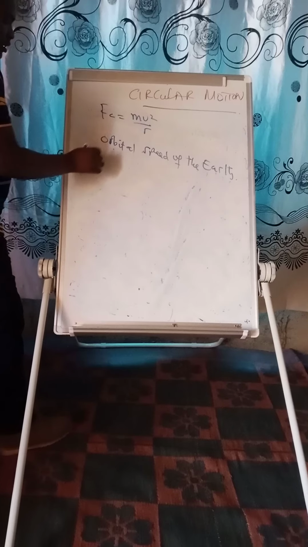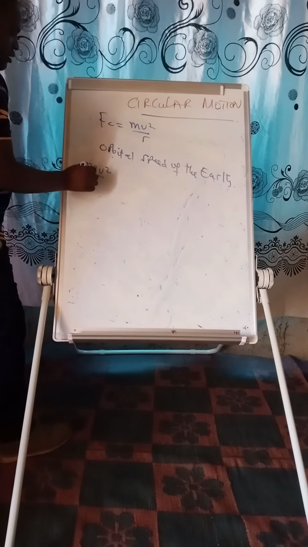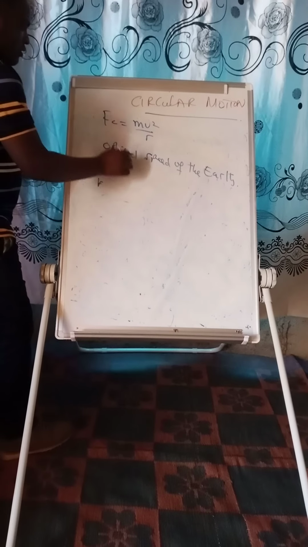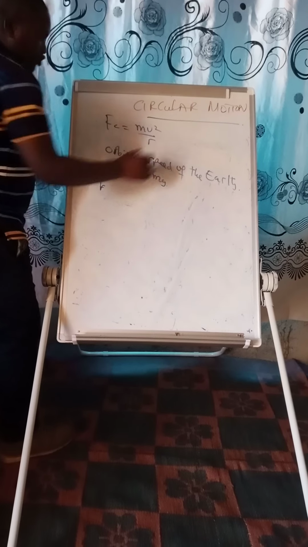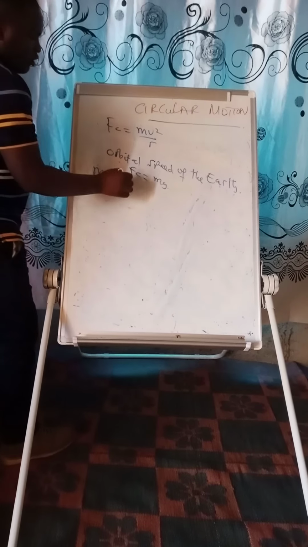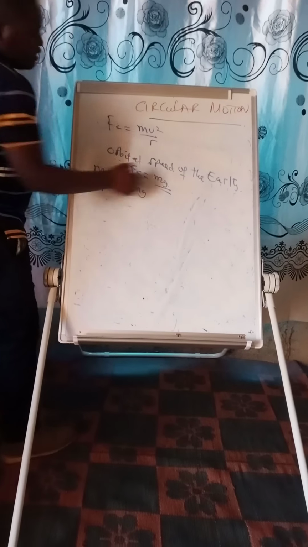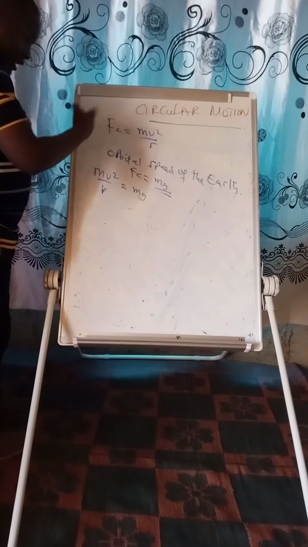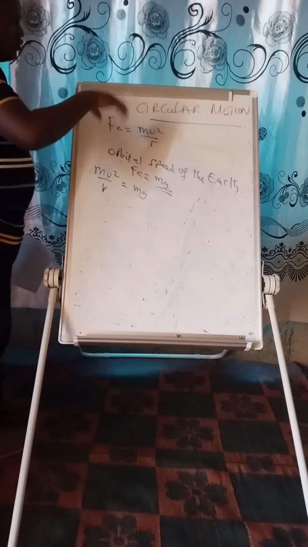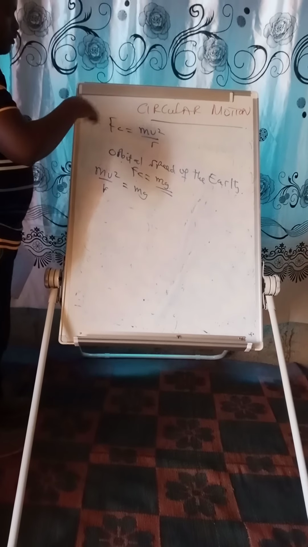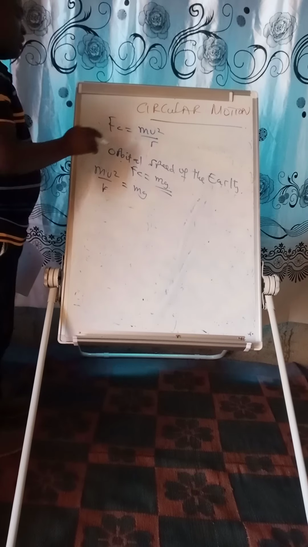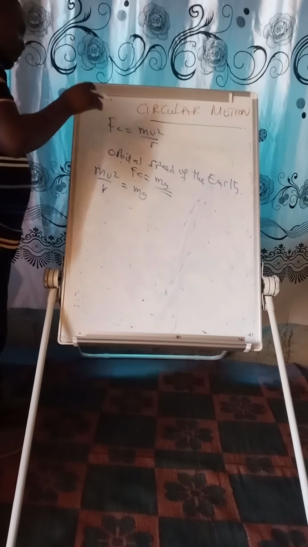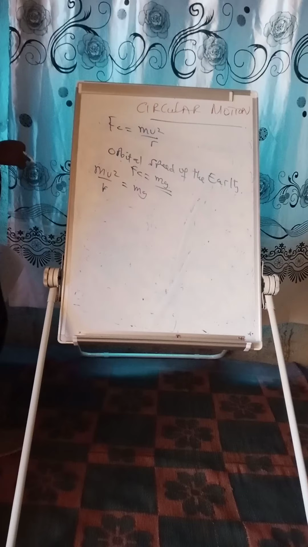So mv squared over r, we say that centripetal force is provided by mg. So mv squared over r is equal to mg. So this mg is the gravitational pull. For the Earth to move in its circular path, its centripetal force is provided by gravitational pull.